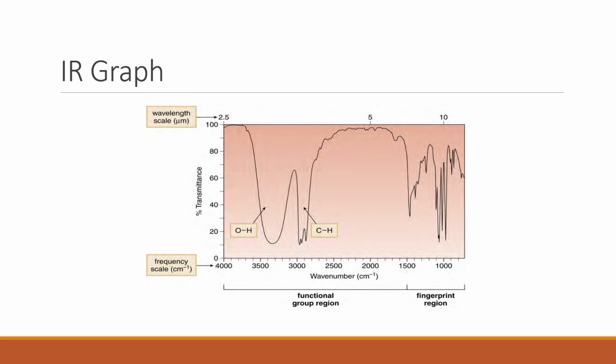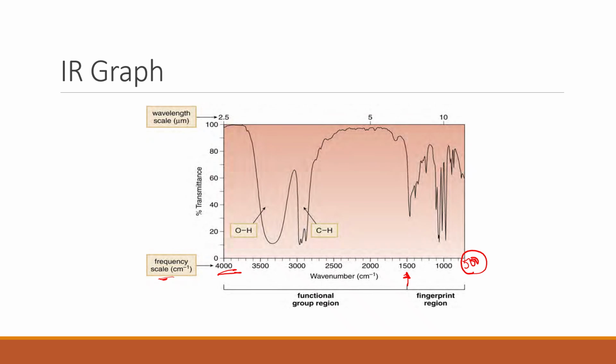First, you see inverted peaks, and the scale goes all the way from 500 to 4000. The scale is the frequency scale, which is usually given in wave number, and the region between 500 and 1500 is considered the fingerprint region. The fingerprint region could be the solvent, something present in the environment.